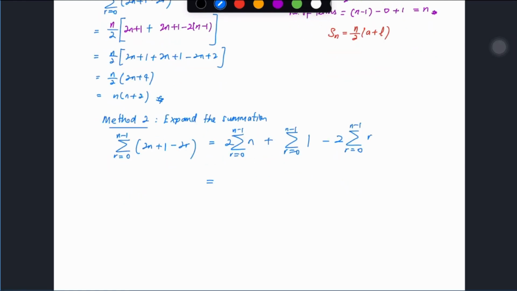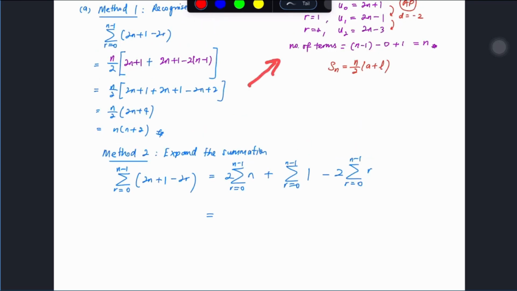So this one over here, we are adding the constant n. This n over here is a constant. So how many terms are we adding? We're adding n terms. Means this would be 2 times n times n.